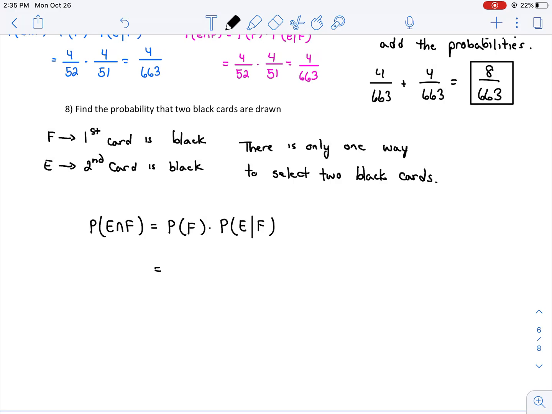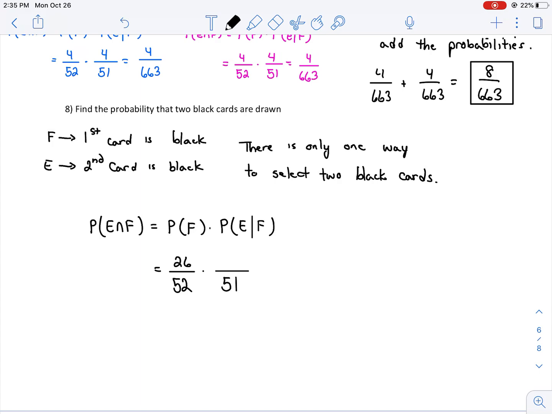So the probability that the first card is black is going to be 26 divided by 52, because there are 26 black cards in a deck of 52. Now we want to find the probability that the second card is black given that the first card was black. Since we removed 1 card from the deck, there are 51 cards remaining.